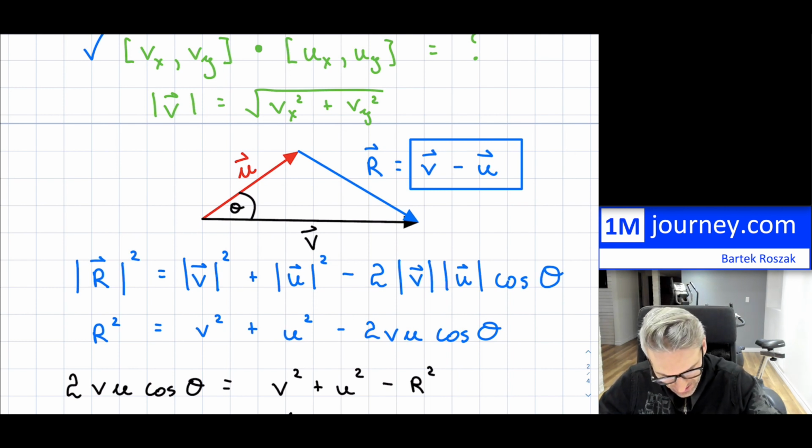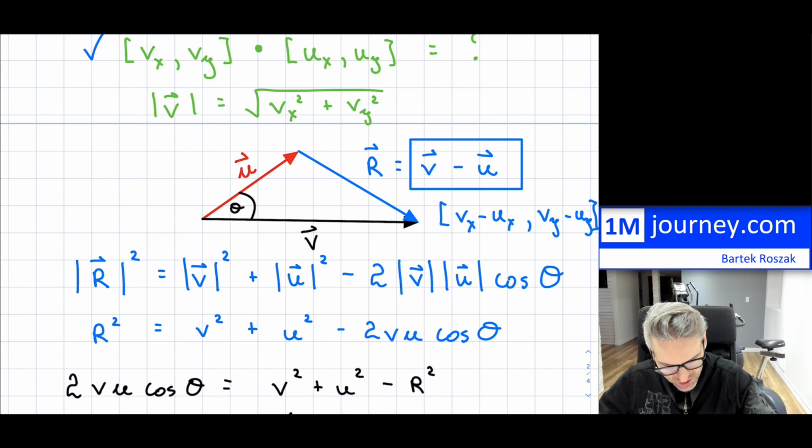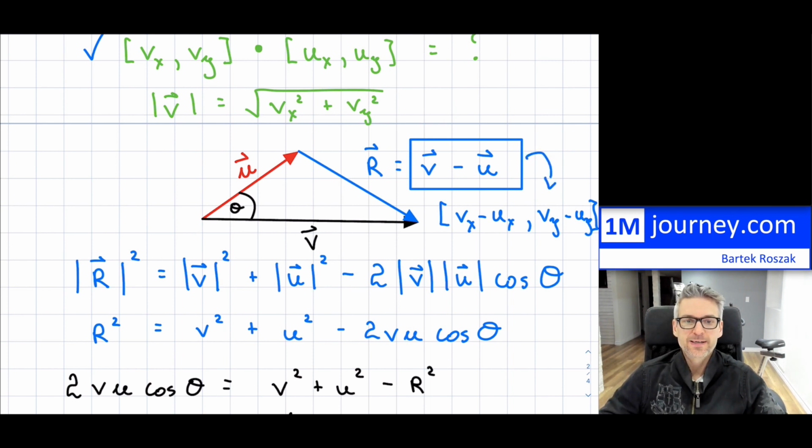And if you write it out in terms of its components, this is going to be the vector vx minus ux, comma, vy minus uy. And that's the actual vector, with those components in its Cartesian representation.